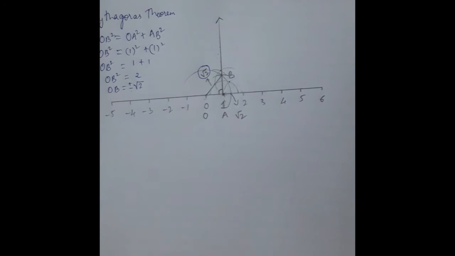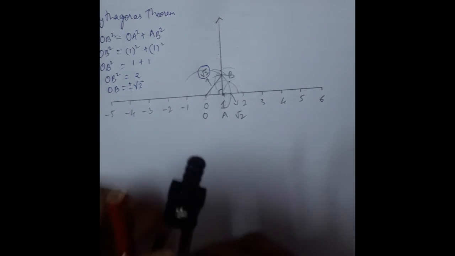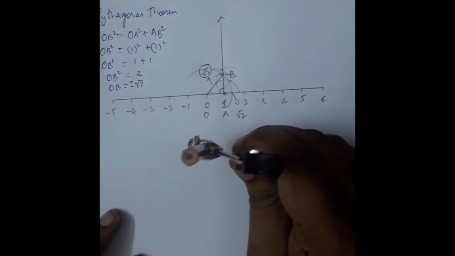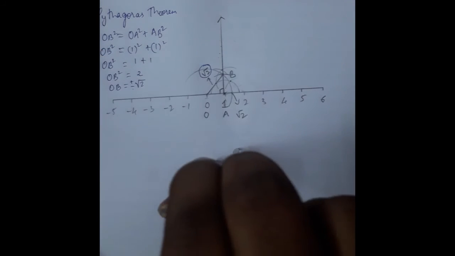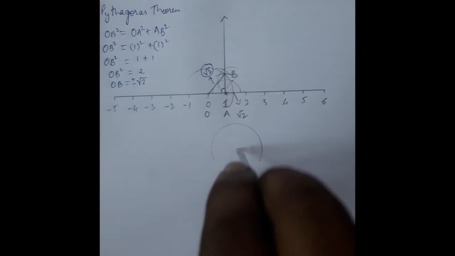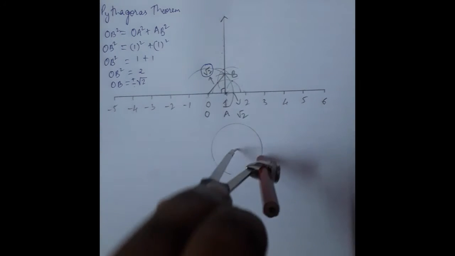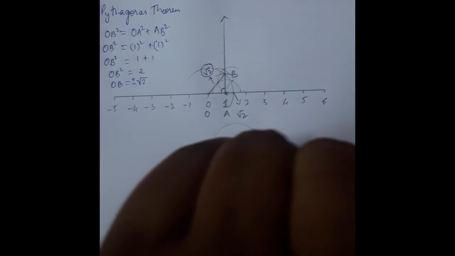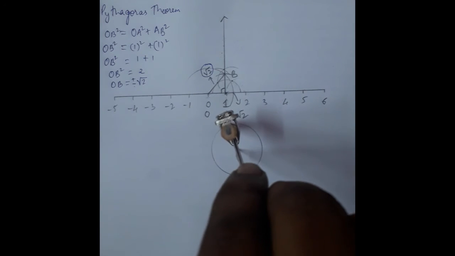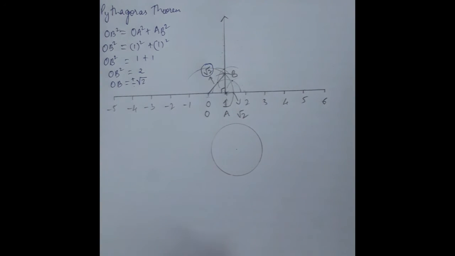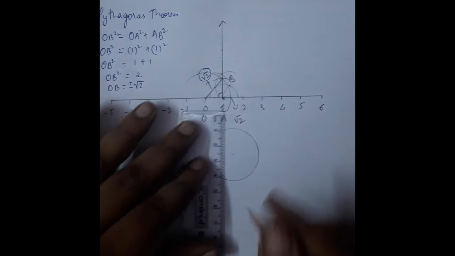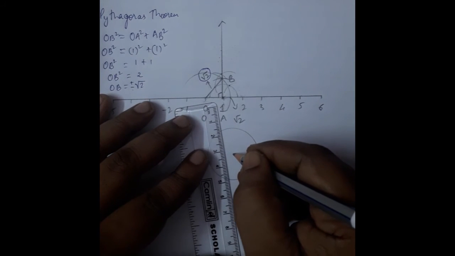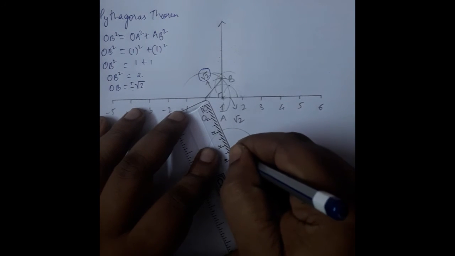See, we draw a circle. I still have the same length, and I'm drawing the circle over here. Now that I have drawn a circle, I'm drawing a line from the center to any point on the circumference.